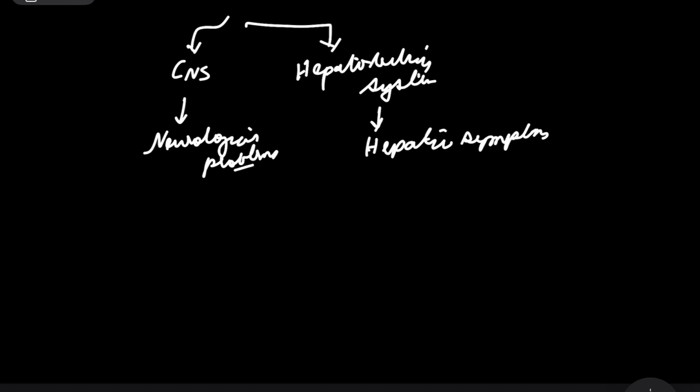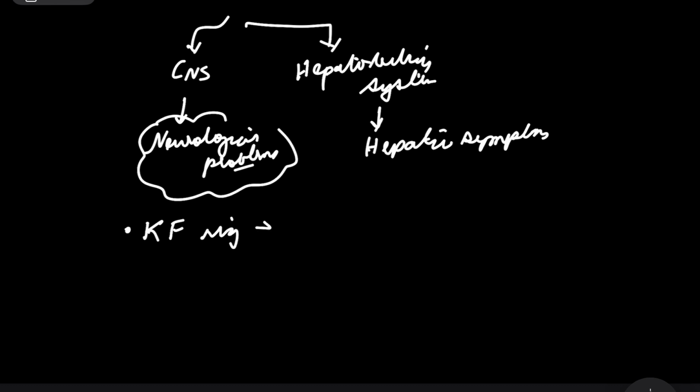Now, neurological problems. Basically, what has been seen, and this is why I'm telling you this, is that if a person develops a KF ring, then that person must have neurological manifestations.